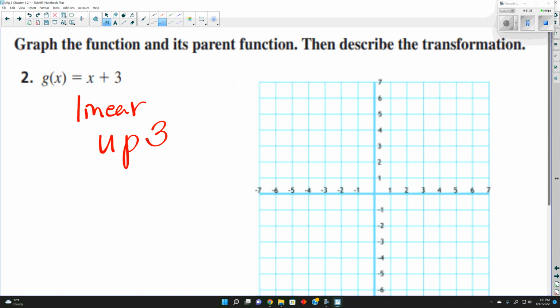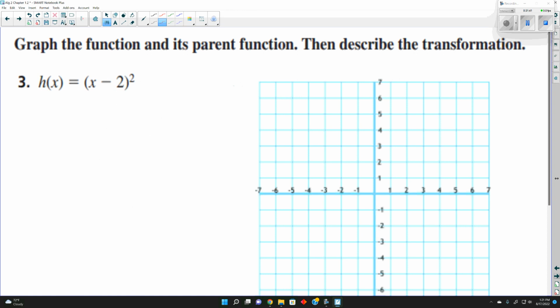So you ready for the next one? Quadratic, yes. How far? Yes.